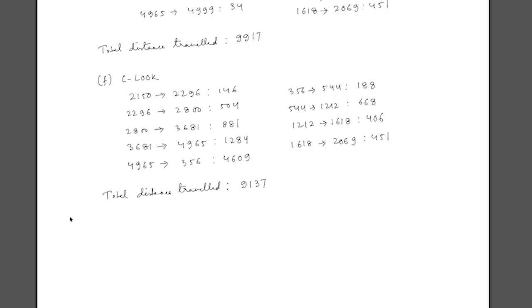They will not go to 0. 356 was the leftmost request, so they're going to go there. And from there, they're going to again take care of things from left to right. That is from 356, they will go to 544, 544 to 1212, so on and so forth. And they will stop at 2069. And when you take the sum of all of these numbers, you will get 9137.